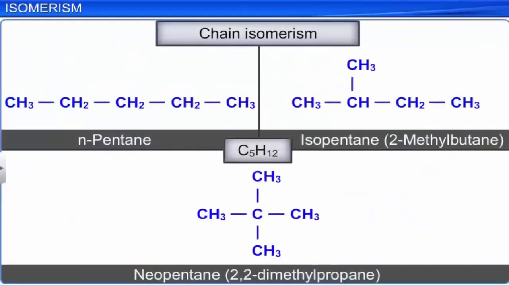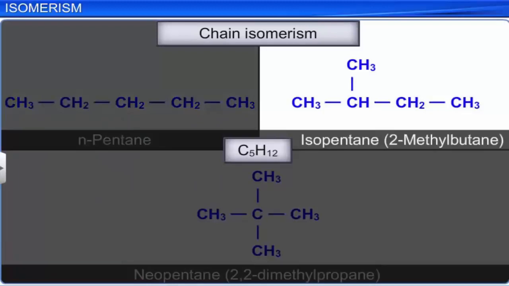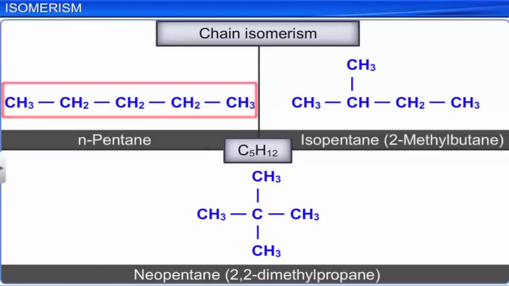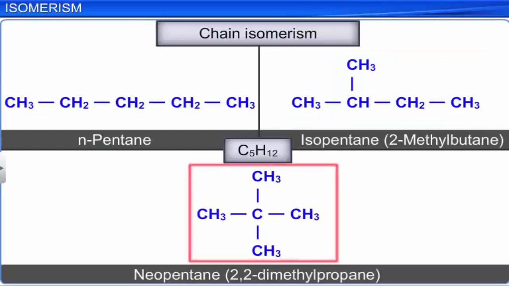They are n-pentane, isopentane or 2-methylbutane and neopentane or 2,2-dimethylpropane. Here the carbon skeleton is different in each compound, but the molecular formula is the same.